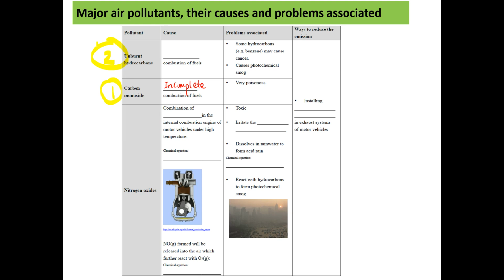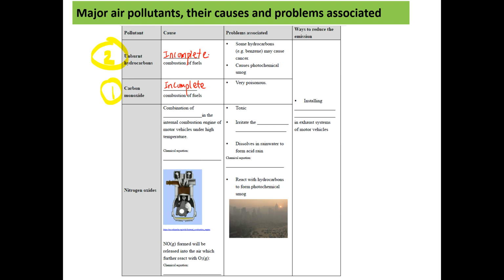Or maybe it's simply vaporized, because some of the hydrocarbons have low boiling point, so they can be easily vaporized. So the main cause of the unburned hydrocarbon forming is the incomplete combustion. So not being burned, but it just comes out.